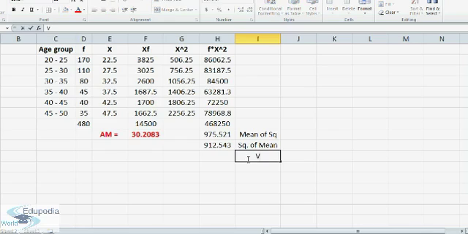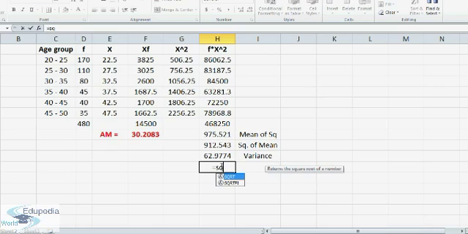Next I need to find my standard deviation, going through this path of first finding the variance. Variance simply is the difference between the mean of squares minus the square of means. So that's my variance. To find the standard deviation, I simply need to take the square root of this quantity.